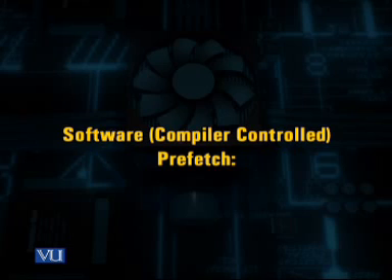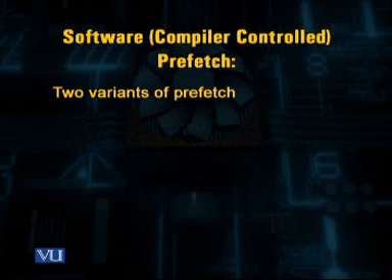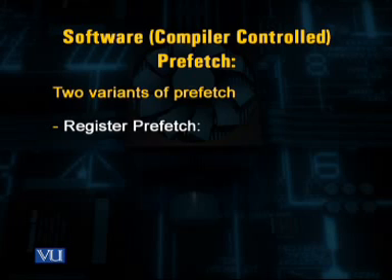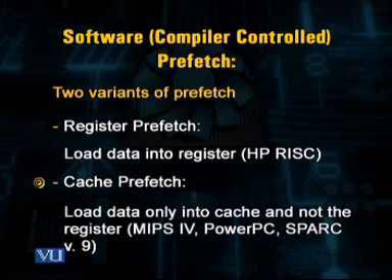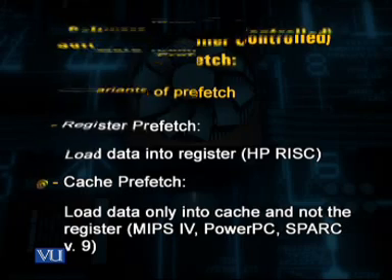The use of this technique has two typical cases: register prefetch and cache prefetch. Register prefetch deals with loading data into registers, whereas cache prefetch deals with loading data only into the cache and not into the register.